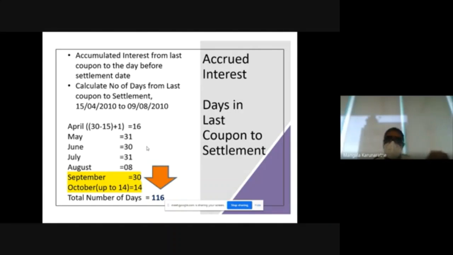So that is very simple, right? How do we arrive at 116 days? I am taking the number of days from the last coupon I received. I received my last coupon on 15th April. So I am taking from that date to the last day I am holding this bond. The last day I have this bond is the day before the settlement date, right?